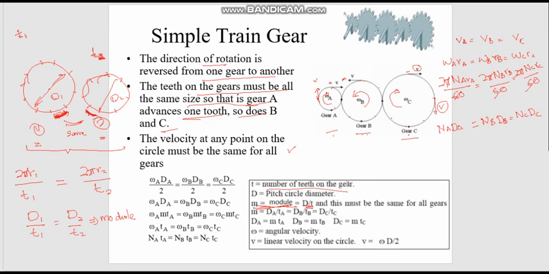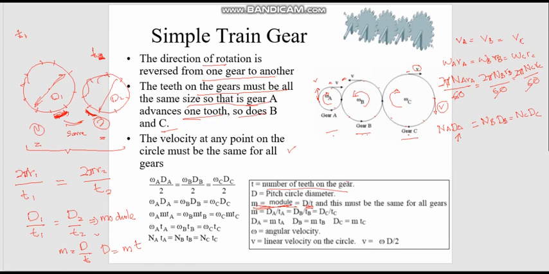So with this in mind, I can replace D with a module. As mentioned, the module equals diameter over t. So the diameter equals module times number of teeth.